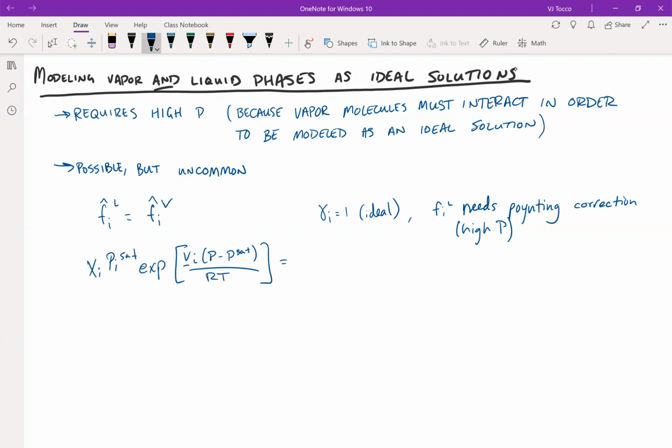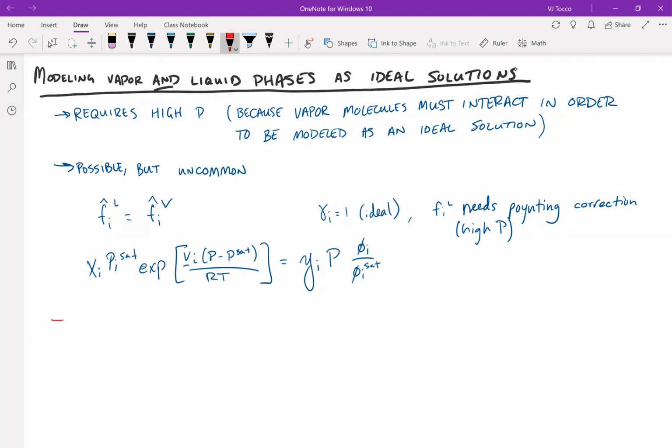On the vapor side, it can be shown, but I'm going to skip the showing of this, that the fugacity of the vapor is y_i times P times the pure component fugacity coefficient, not the mixture one, over phi_i^sat. And this phi_i^sat came from the left-hand side. I just divided it over such that we have vapor and liquid sides.